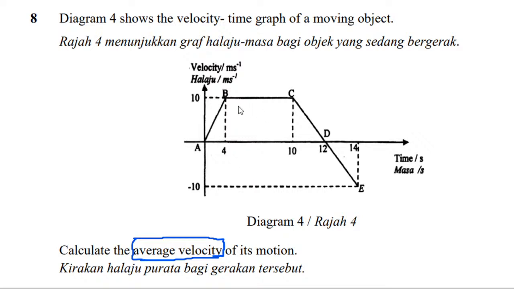Now you should know where to get the displacement from this graph. Since this is a velocity-time graph, the displacement is represented by the area under the graph. That is correct.